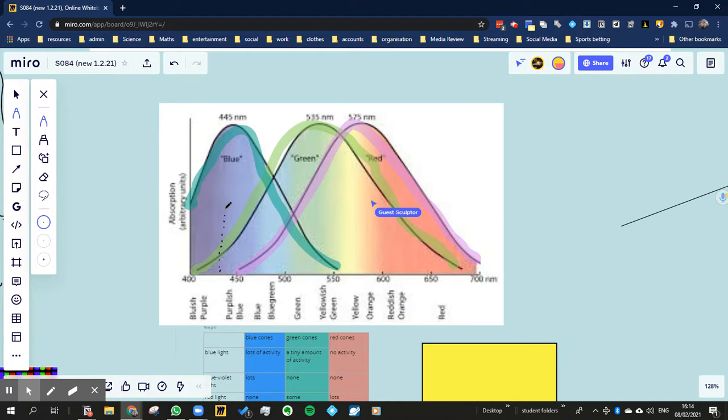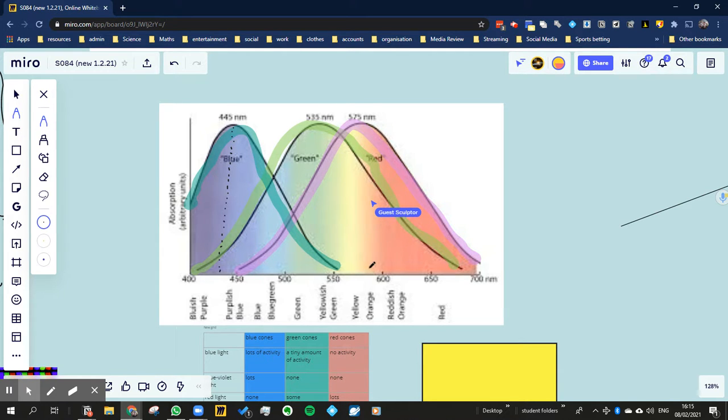So this would be my blue light being shined, like a blue laser maybe. You can see a little bit of the green cone is detecting light, but loads of the blue cone is detecting light. And so my brain goes, you're looking at blue right now, because the blue cones are firing, a little bit of green, but mostly it's blue, so it's obviously blue light.